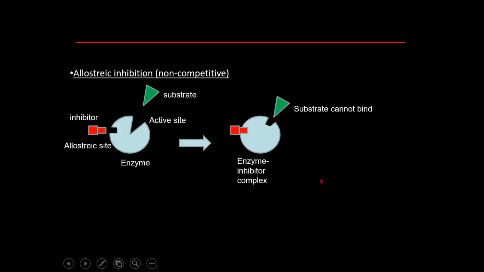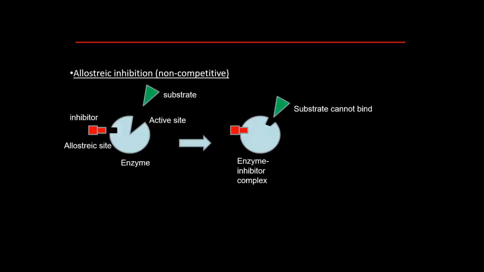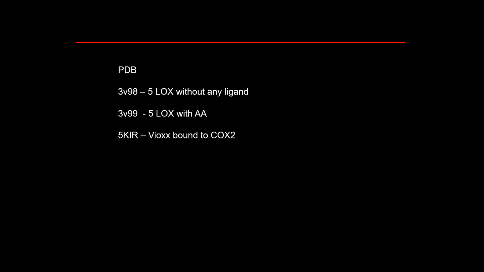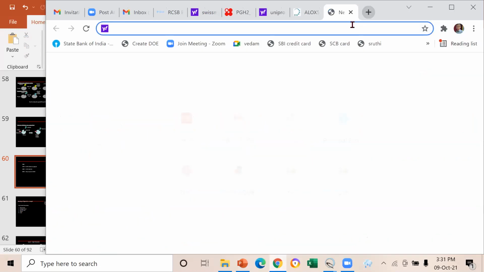So this is how drugs are designed. It could be competitive inhibition based or allosteric based. And yesterday we looked at the Protein Data Bank, different types of protein structures.